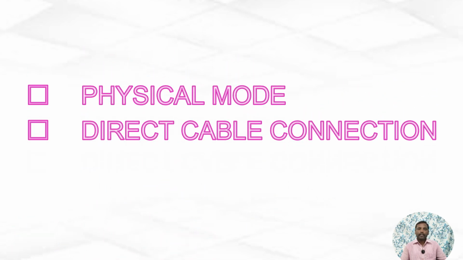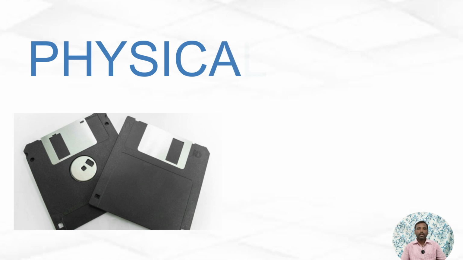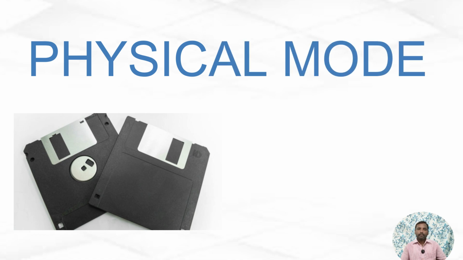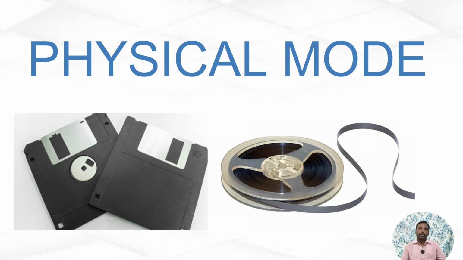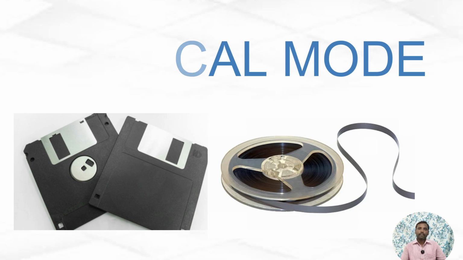In physical mode, floppy disks and magnetic tapes were used to share data from one system to another. It means they connected the floppy or magnetic tape to a computer and copied data. Then this was carried to another system and connected. Then the data was pasted into that system. Like this, data was transferred in physical mode.